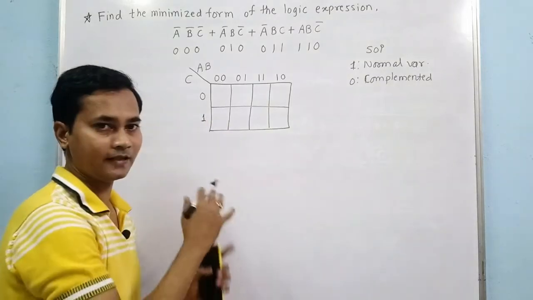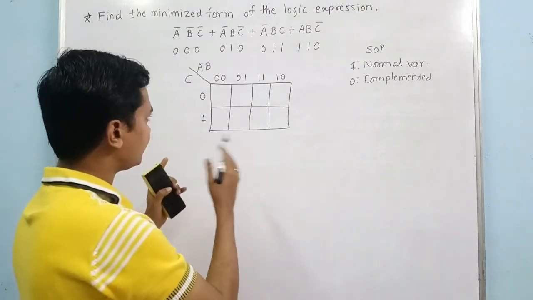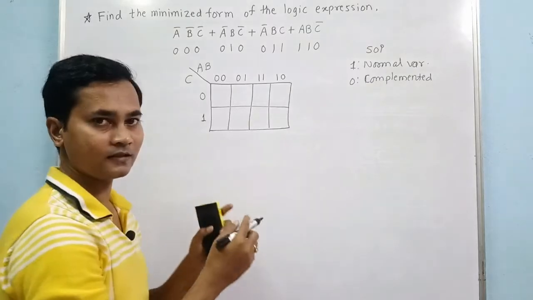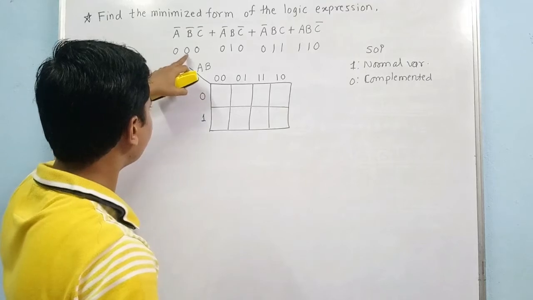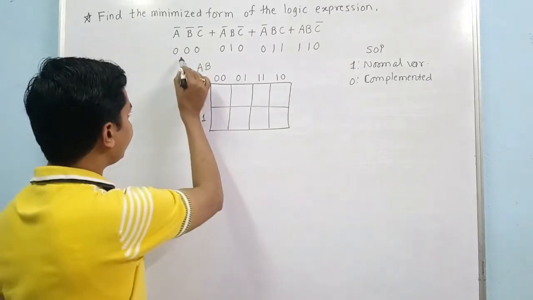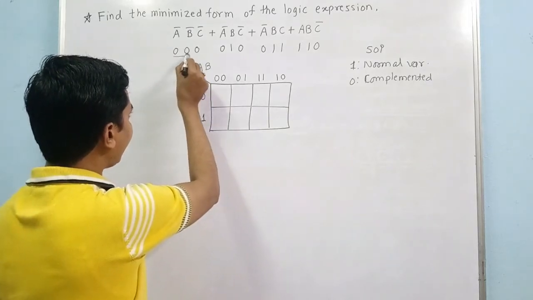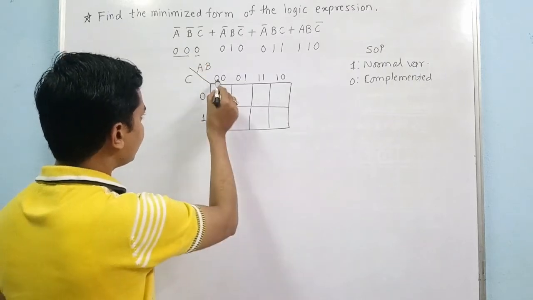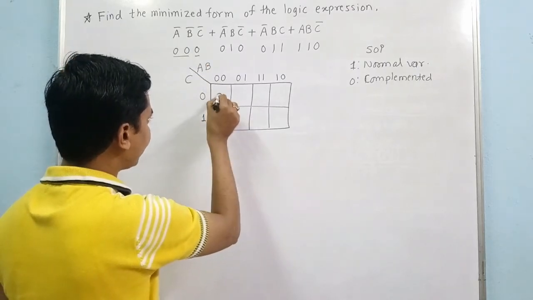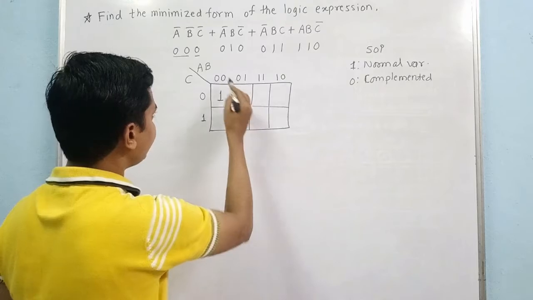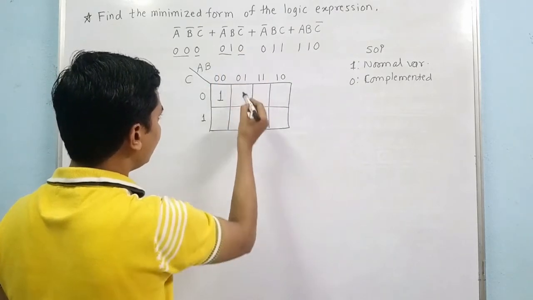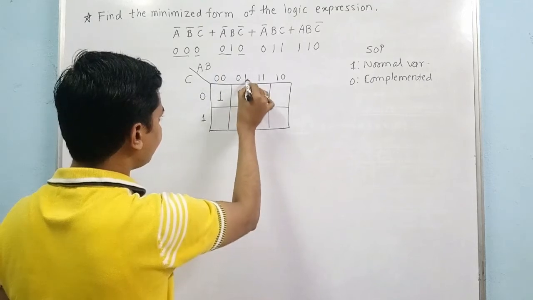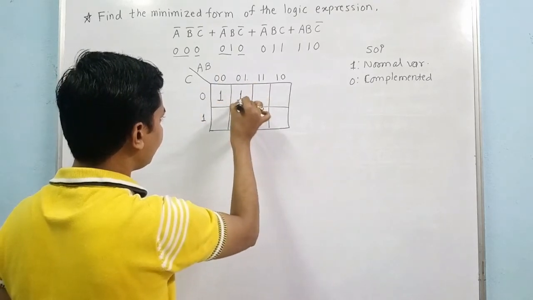Now how to read the sequence? First we read a, then b and then c. First 0 0 0: see this combination, first 0 0 and then this 0. So write 1 here. Next is 0 1 0: a, b is 0 1 and c is 0, so here is the 1.